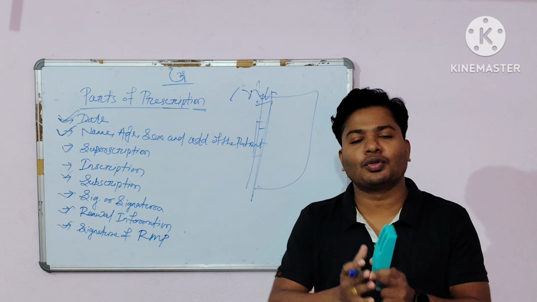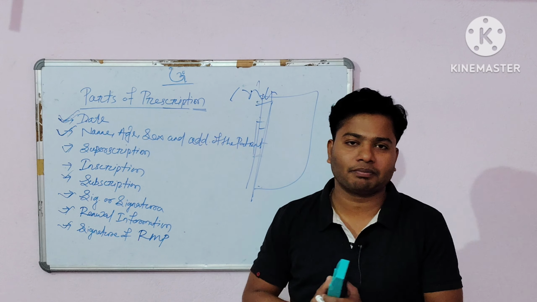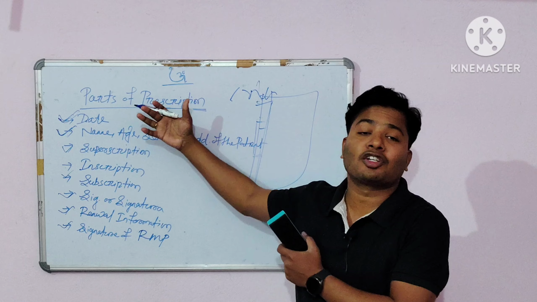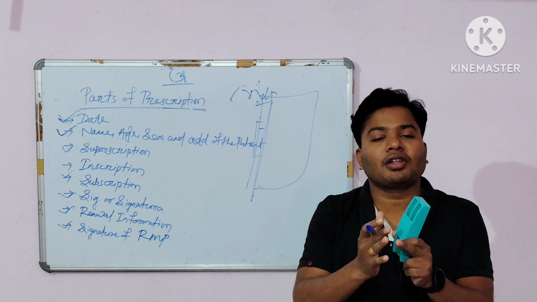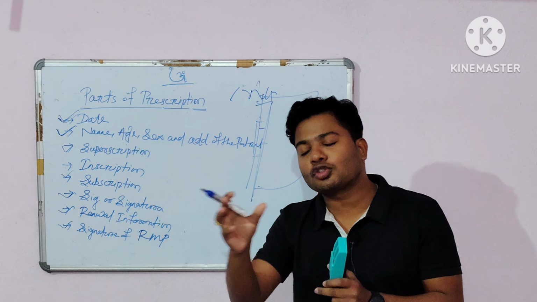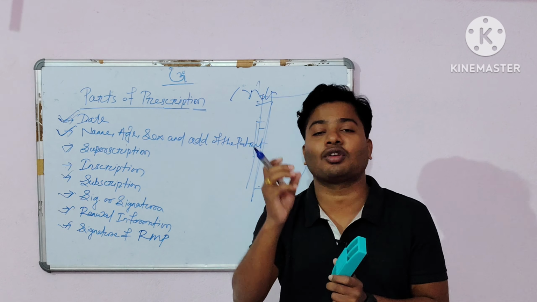So today I am going to discuss a new part, that is the parts of prescription. Okay. So what do you mean by parts of prescription? Last class I discussed that before prescribing the medicine, the physician asks the patient what is your name, what is your age, what is your sex and what is your address.